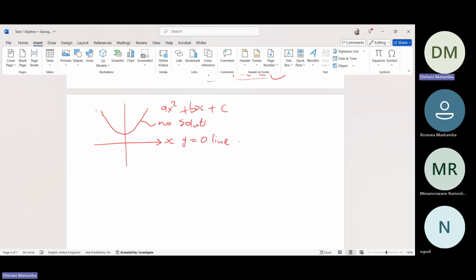So if your graph does not cut the x-axis, it means it has no solutions. But if your graph cuts the x-axis, it will have solutions.